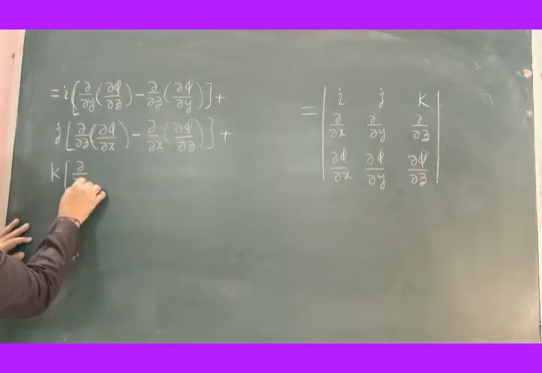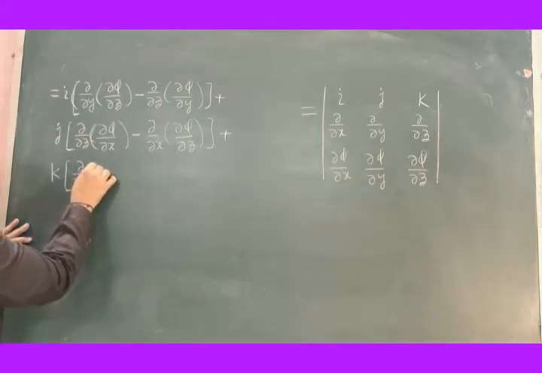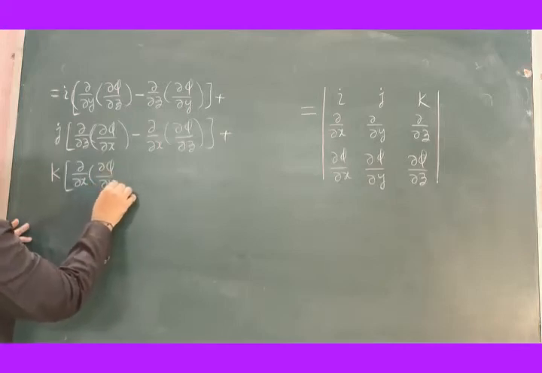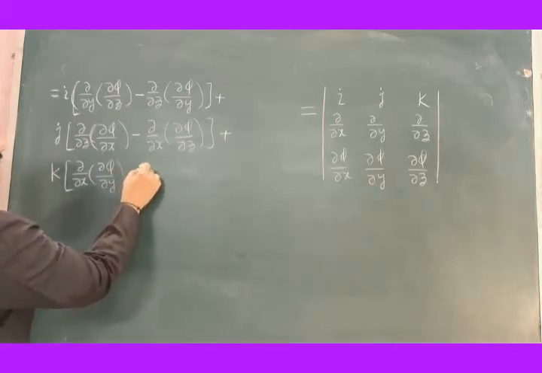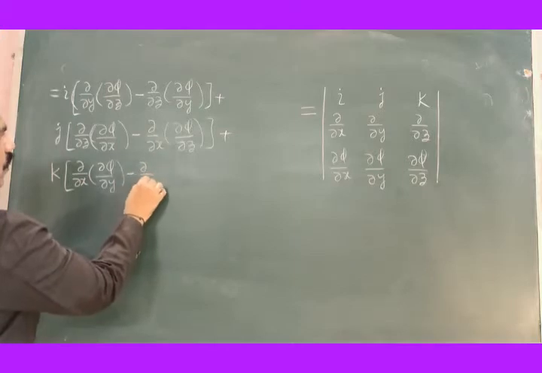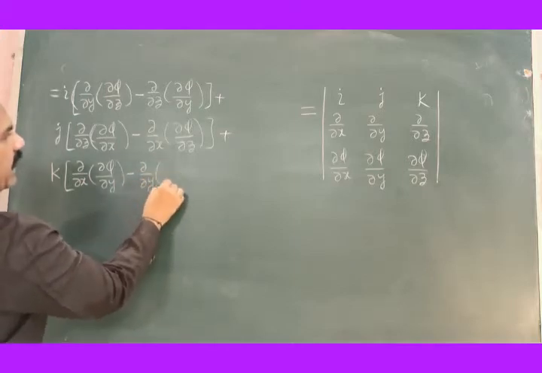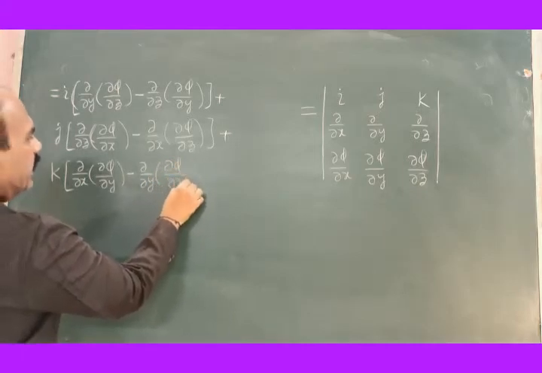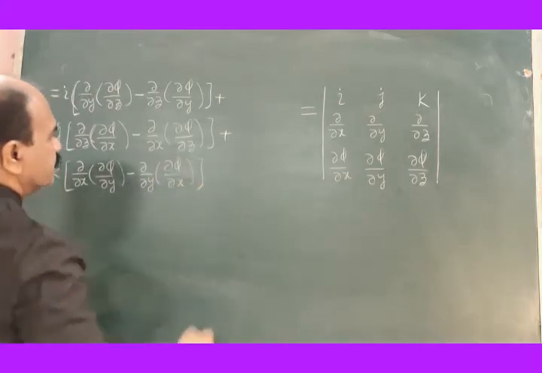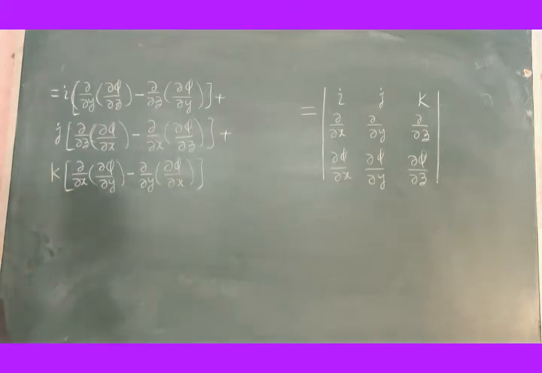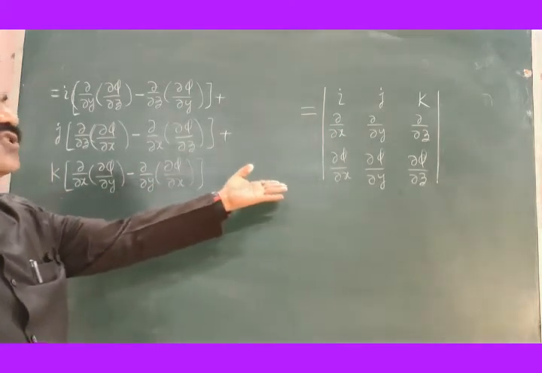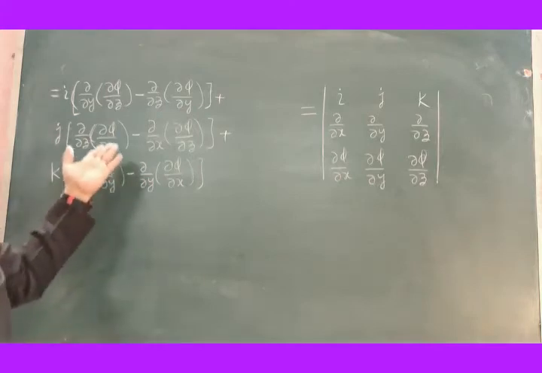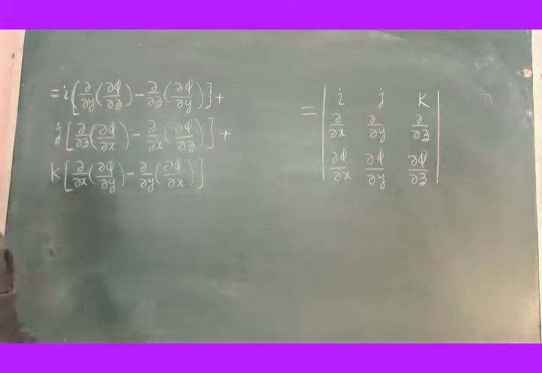Dou by dou x of dou phi by dou y minus dou by dou y of dou phi by dou x. So this determinant is solved to get these three terms.